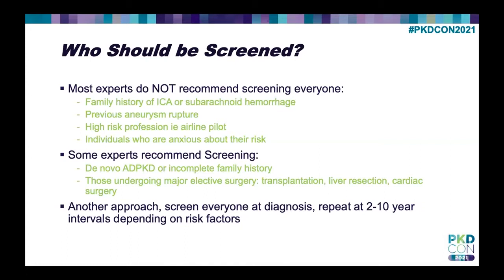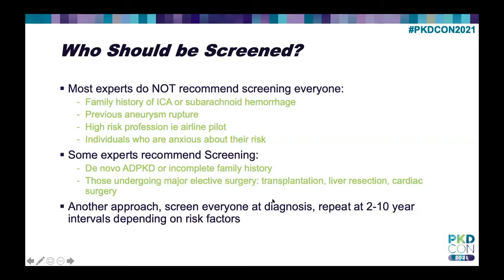There are some experts who also recommend screening people who have no family history of PKD, or if they have an incomplete family history. And finally, at many centers, those individuals who are undergoing major elective surgery, like kidney transplant, a liver resection, or cardiac surgery, are also screened.